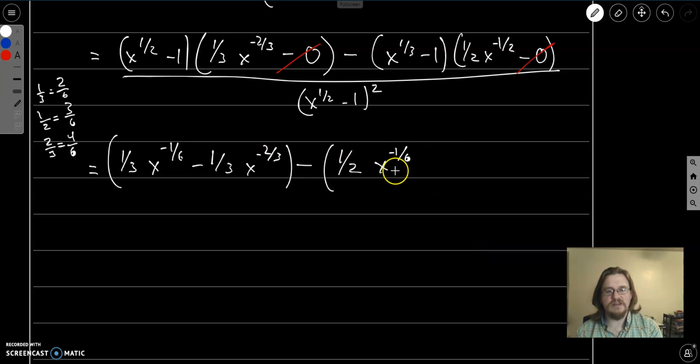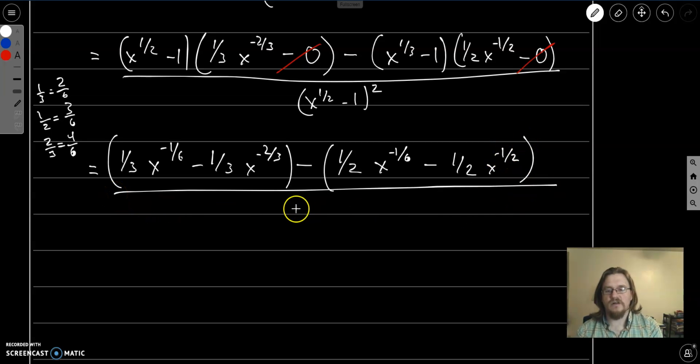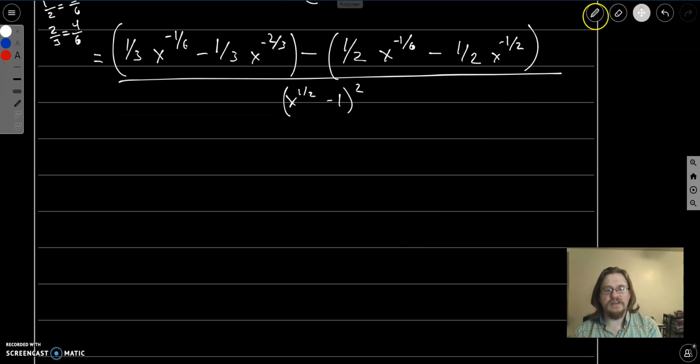So we'll have some things that will be able to add up. And then this last guy is going to be minus 1/2 x to the minus 1/2 power, all over the bottom again, squared, can't forget the squared, and then here a few things will cancel, but that'll be it.